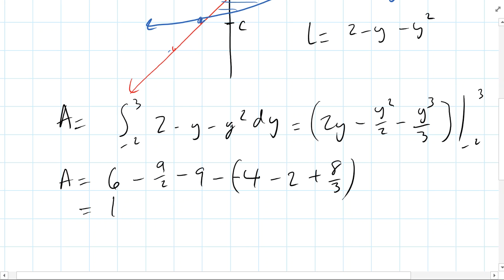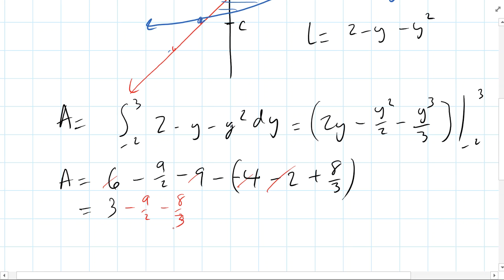So I took care of that. Oh, I got my -2 too. Hang on, so this becomes a 6. That's a 12 minus 9, which is 3. Took care of all the whole numbers. Then I got a -9/2, and then a -8/3. I could get this in terms of 6, but I don't feel like doing it right now. That's good enough.